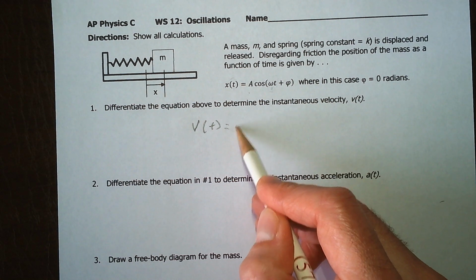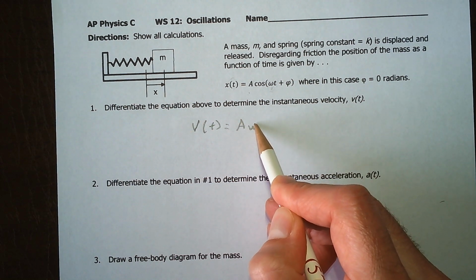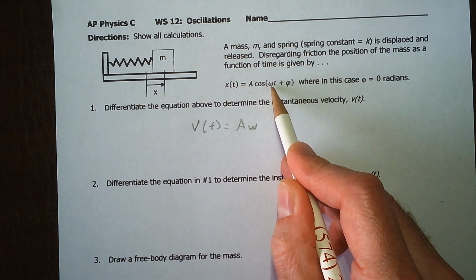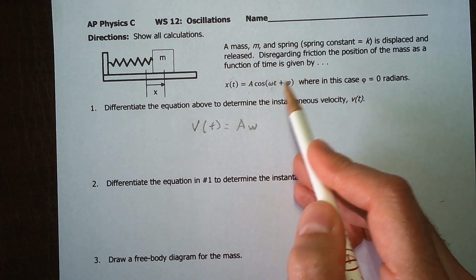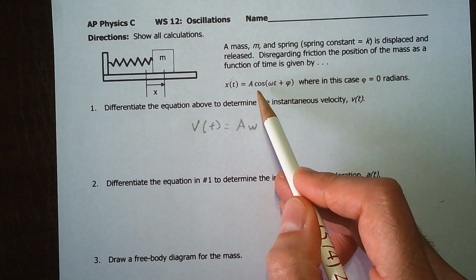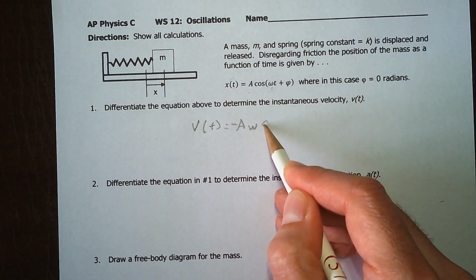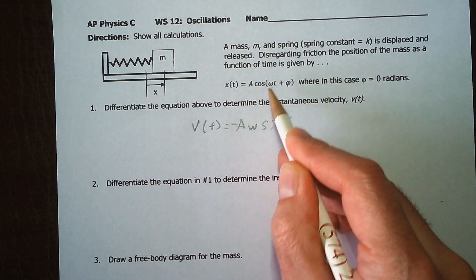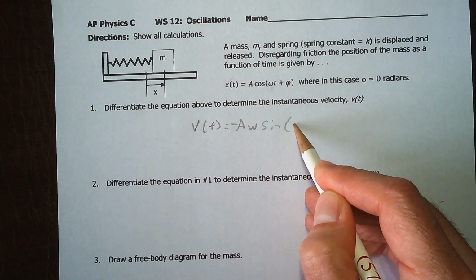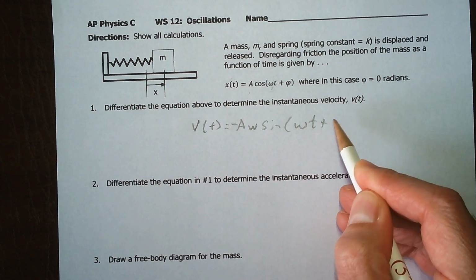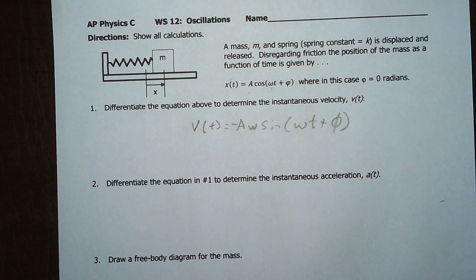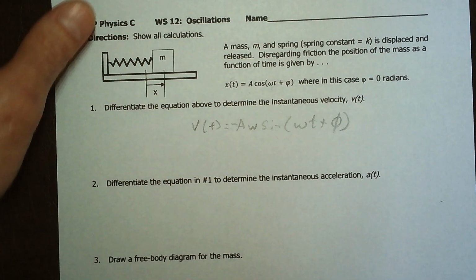So it's going to be a times omega, because that was the slope of this. And then I have to take the slope of cosine, and the slope of cosine is negative sine, and it's still the sine of the same thing here. So that is the velocity.